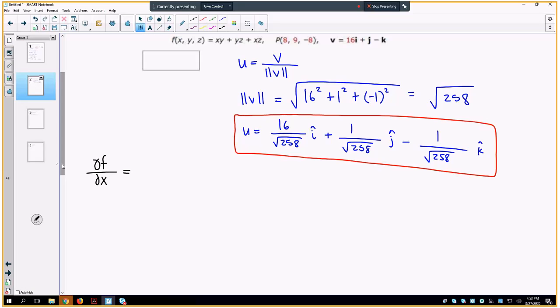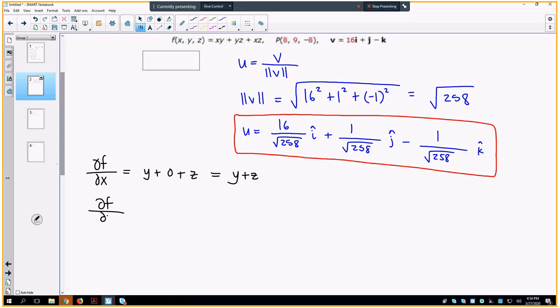From the first term xy, I'm going to get y. I treat y like a constant. I have 1 power of x, so the derivative is y. And from the second term yz, I have no x, so I get 0. From the third term xz, I get z. So the partial with respect to x is y plus z.